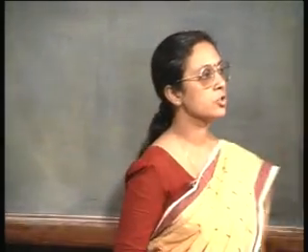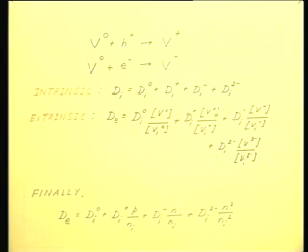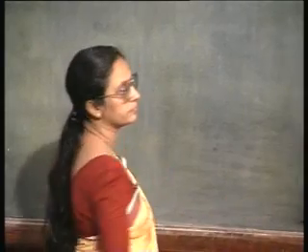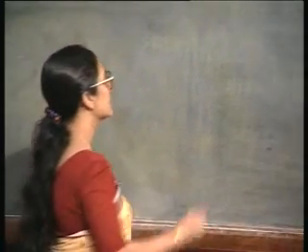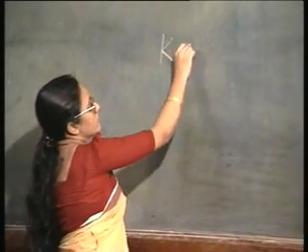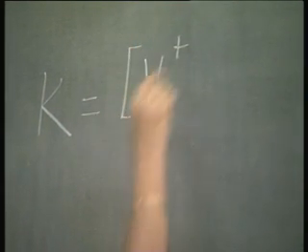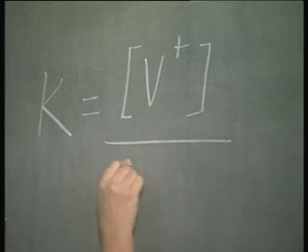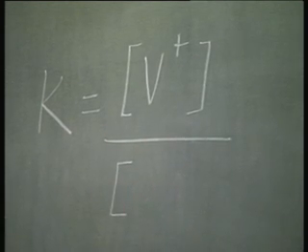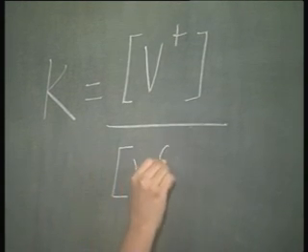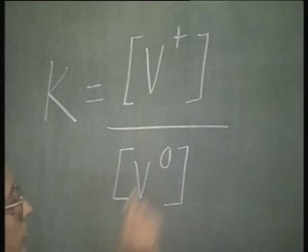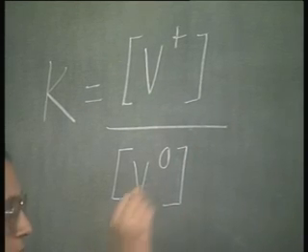Looking at these two equations, if we apply the law of mass transfer to the first equation, then I can define a mass transfer coefficient K given as the concentration of the vacancies and the concentration of hole, right.